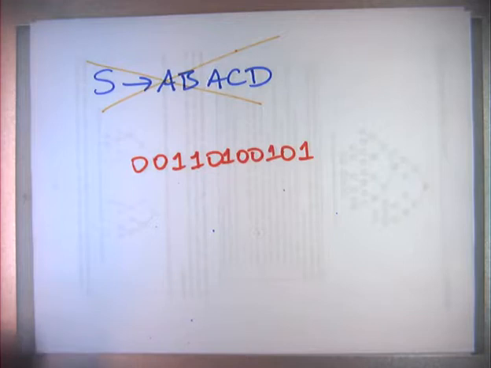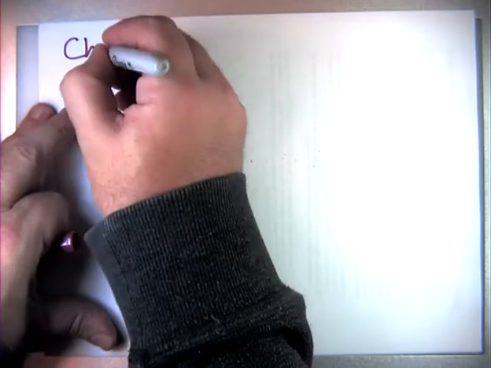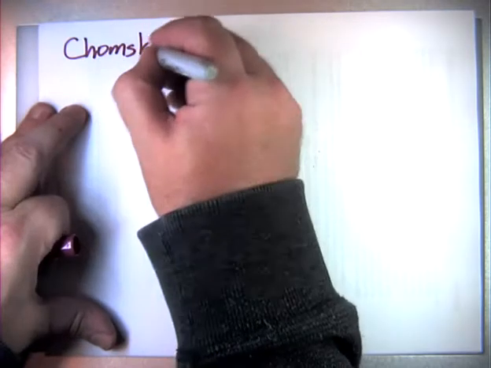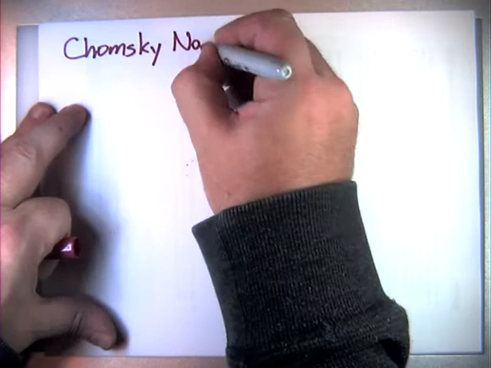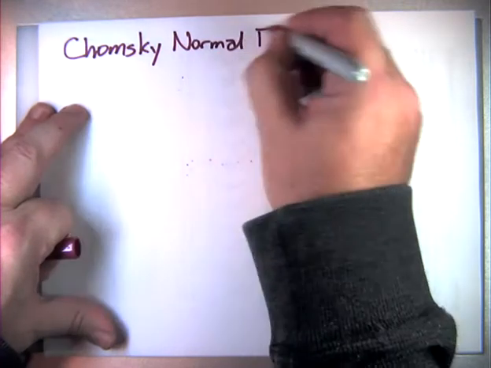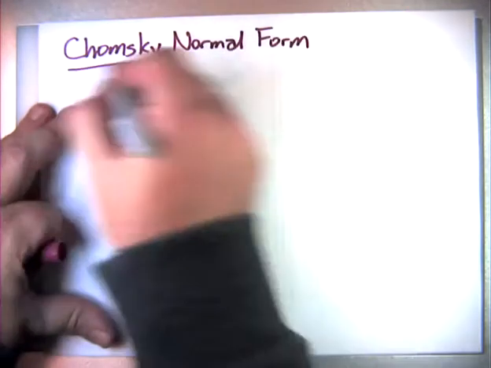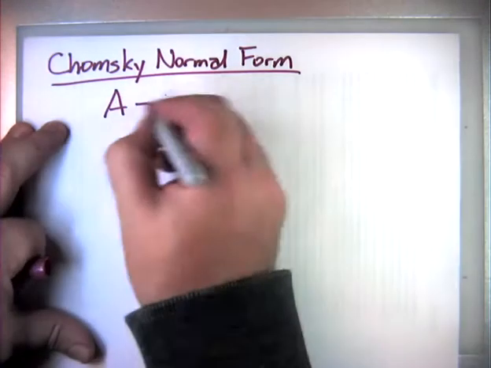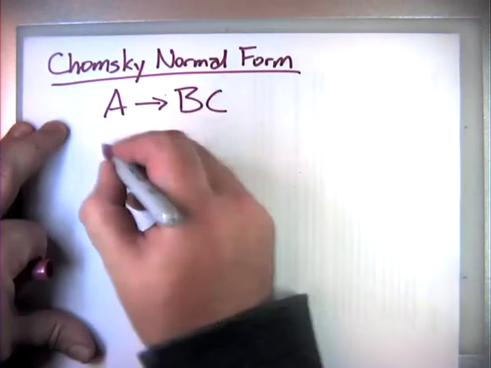So to put all of the restrictions on one page, I'm going to assume that my grammar is in something called Chomsky normal form. It means every production has one of 2 forms.